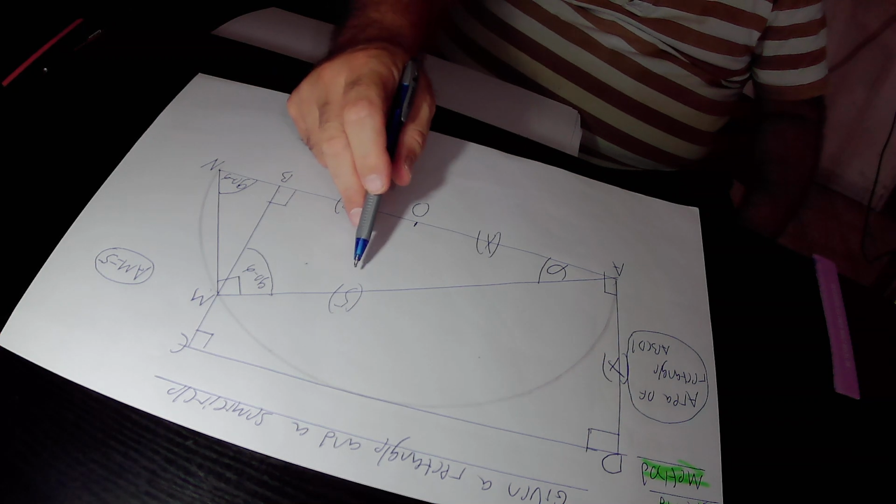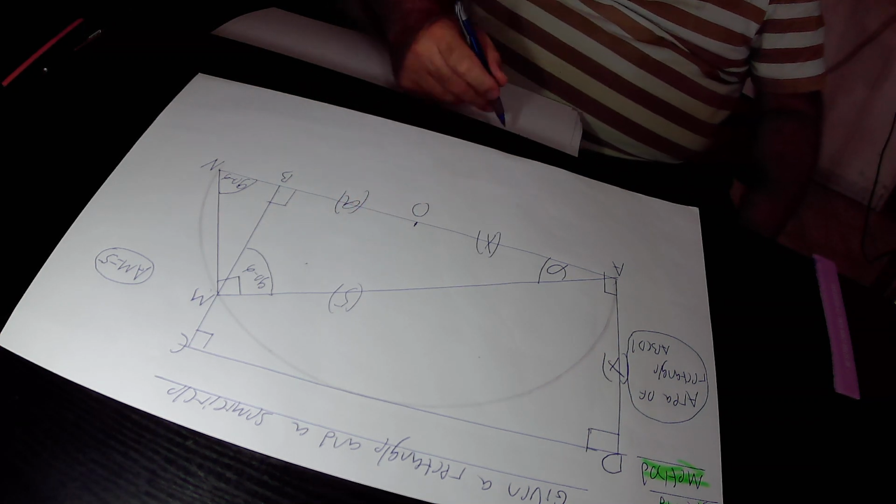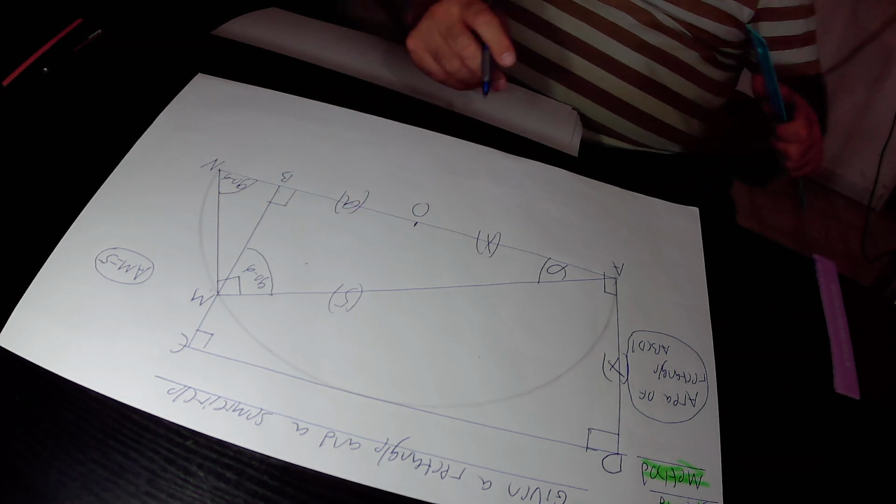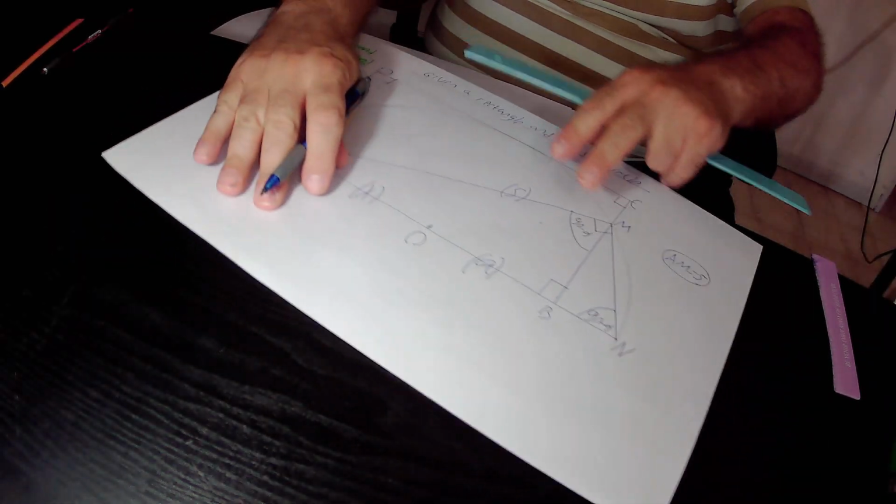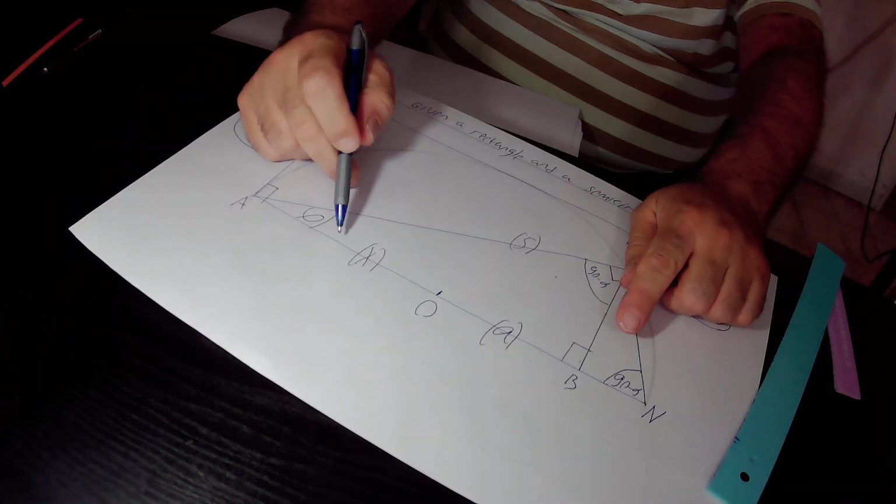AM equals 5 units in length, according to what is given in the question. AB in total equals x plus a.